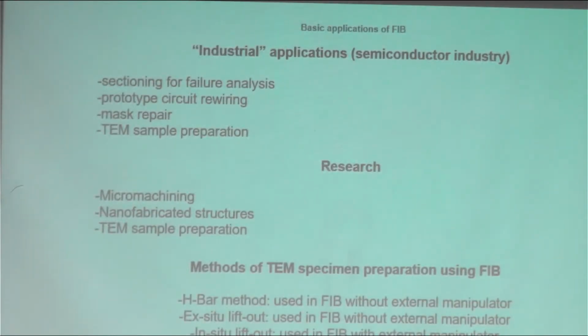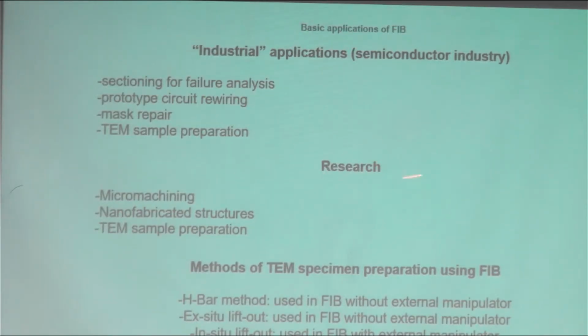As for applications of FIB, as I said before, it's used very often by the semiconductor industry for failure analysis, for prototype circuit rewrite, and for mask repair. And one is also TEM specimen preparation for failure analysis.